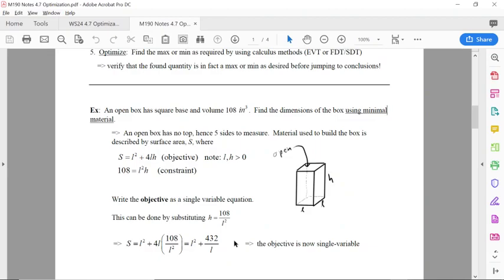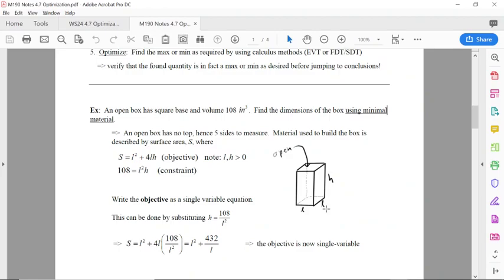Now, a further note. In some examples, you could be asked maybe not to minimize the material, or maybe not to maximize volume. It may not be something geometric, but it may be cost. How would you associate a cost with something like this? Well, suppose that we were told that there was a certain cost to producing the base, and maybe another cost for producing the sides.